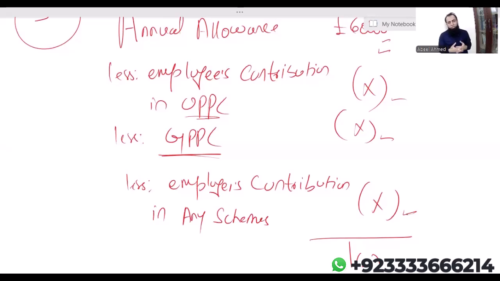Most of the time your employer will be contributing for you in an occupational pension plan. But the main concept is how this limit gets consumed. When you, as an employee, contribute in an occupational pension plan, your limit gets consumed. Your gross PPC consumes this limit. If your employer is contributing for you, again, this limit will be consumed.